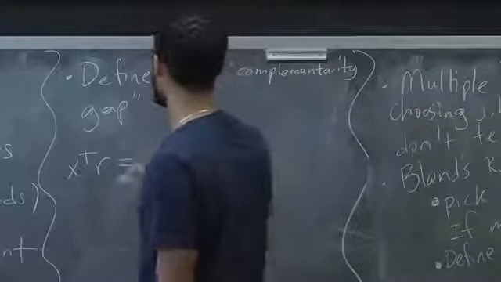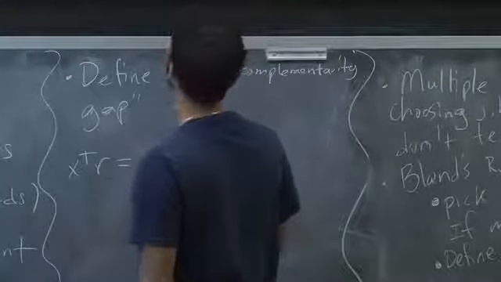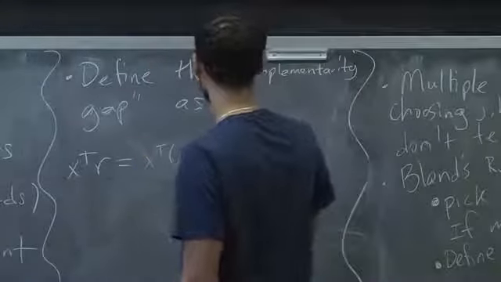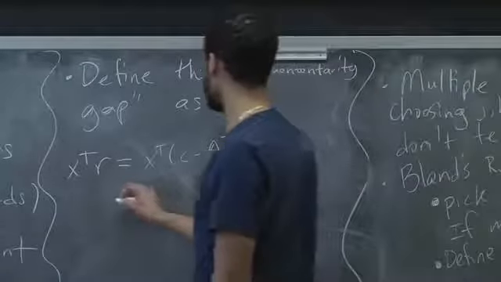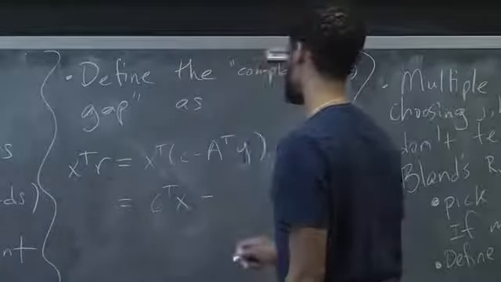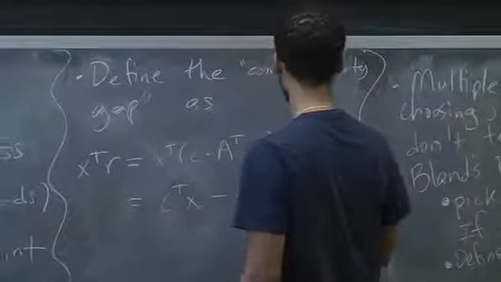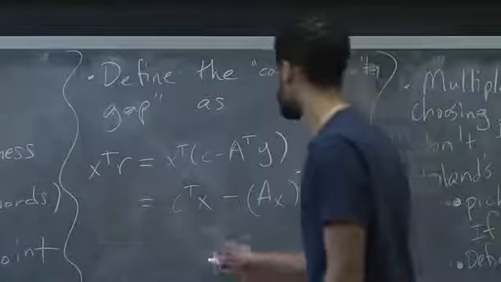And notice that's just X transpose (C minus A transpose Y), since the dual slack is C minus A transpose Y, which is C transpose X minus (AX) transpose Y. And AX is equal to B if X is feasible for the primal.